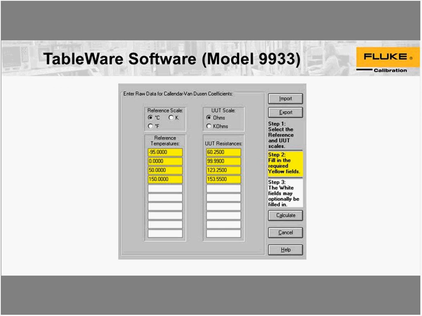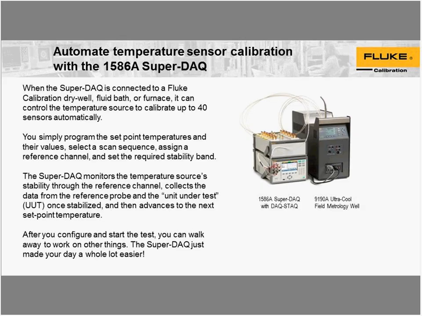If we take that data and input it into Tableware, it looks like our reference temperatures were perfect, and then we've got our output resistance. You hit calculate, and it will spit out what looks like a Callendar-Van Dusen coefficient for us based on this input. And we have some additional tool accessories that can be used in conjunction to help speed up your calibration process or cycles.